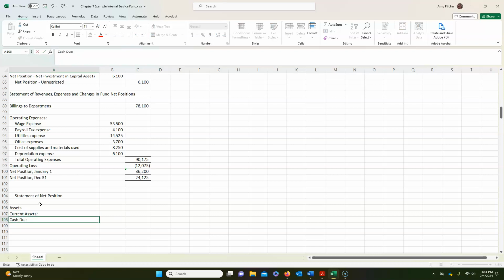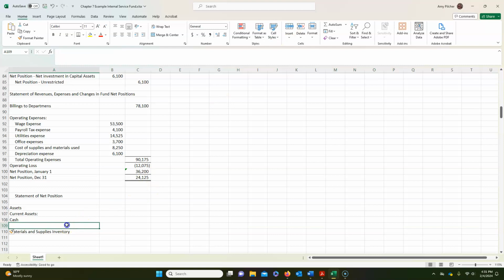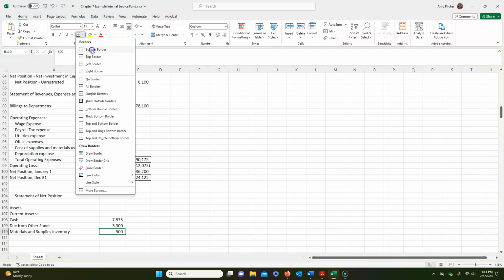So we have cash, due from other funds, which is the equivalent to accounts receivable, and then we have our materials and supplies inventory. We have cash of $7,575, due from other funds of $5,300, and materials and supplies inventory of $500.